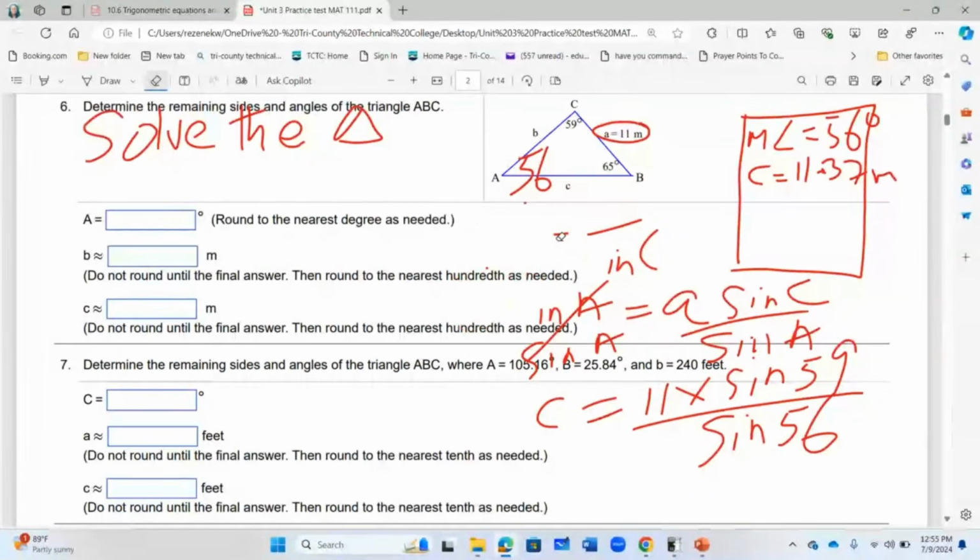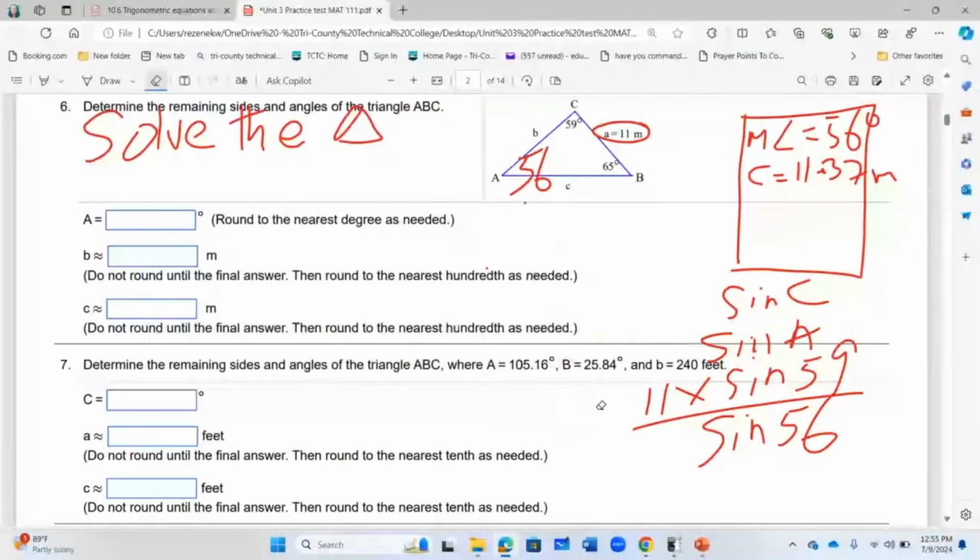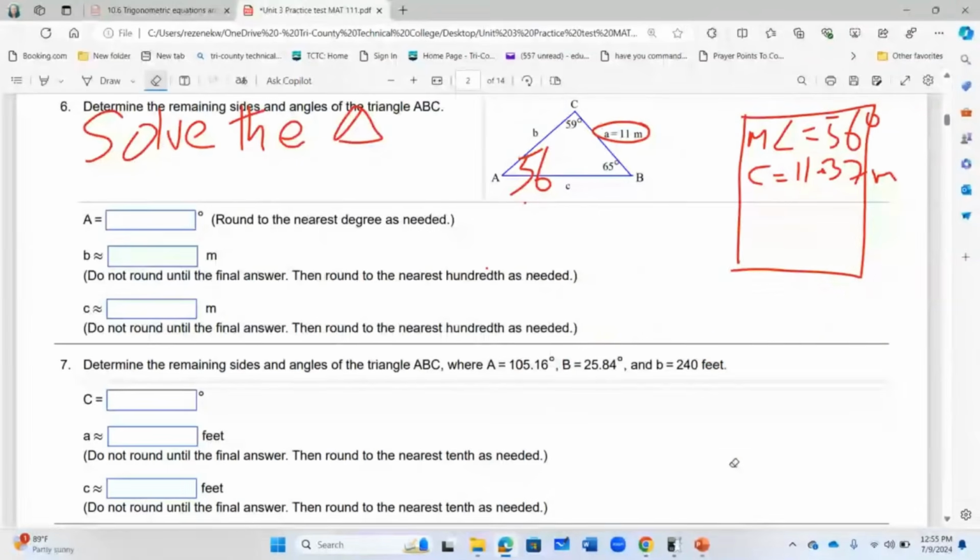So I'm going to use the sine rule again. This is what is called solving the triangle. You're told to find all the missing parts, then you are told to solve the triangle. So I'm looking for C over sine C is equal to, then I can use any of the sides.